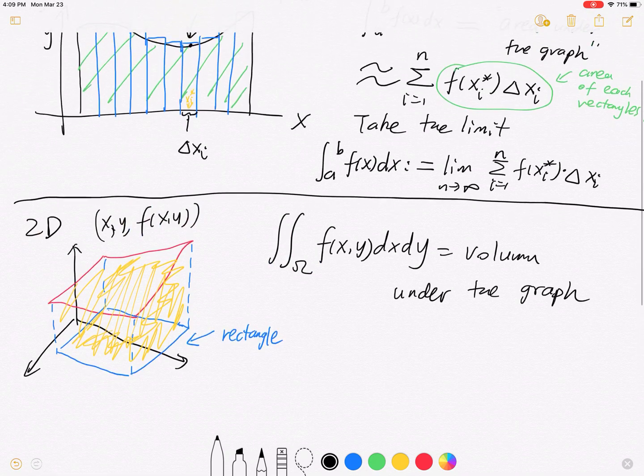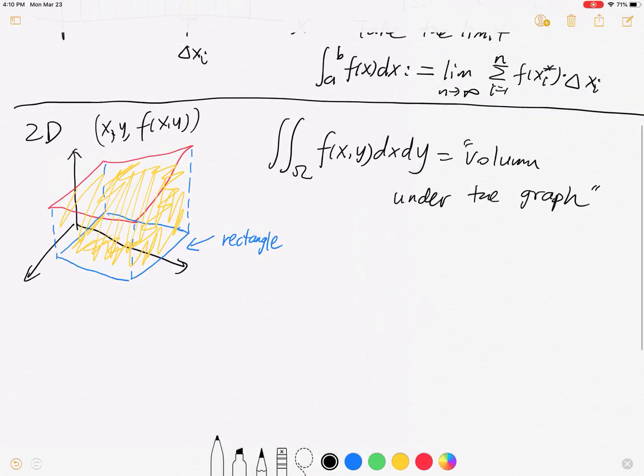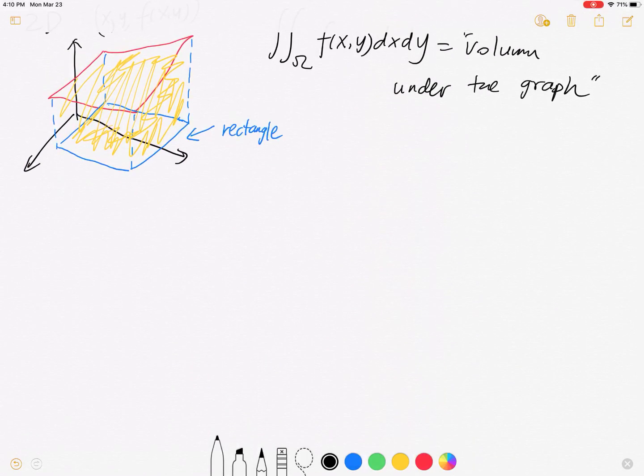This is a similar interpretation as what we did in 1D. Okay, next we want to compute this guy.